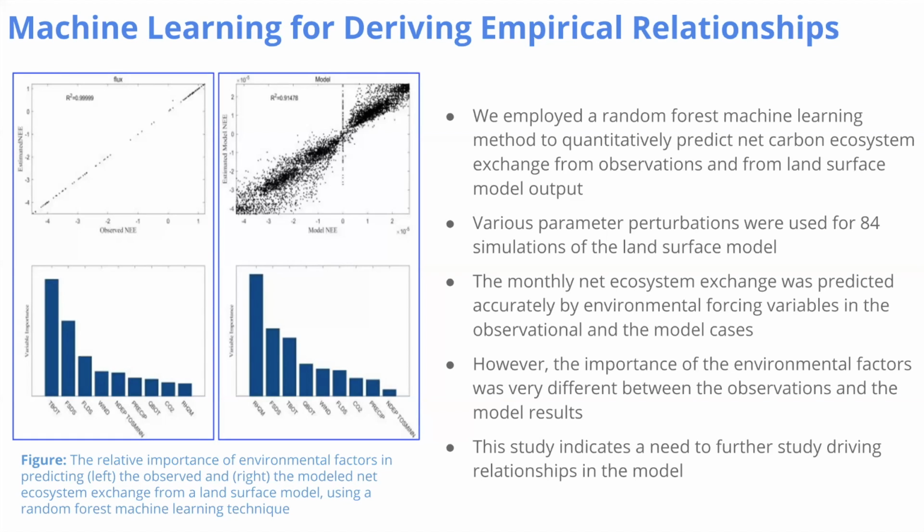And you can see that we do a pretty good job of capturing what NEE would be based on those other forcing factors in the model. But you'll also see that the models and the observations have different relative importance for those same variables. So clearly, what's coming out of the model is not quite representative of what we know from the observations. So this informs us that we need to go back and use other kinds of metrics like this to figure out how to improve models.